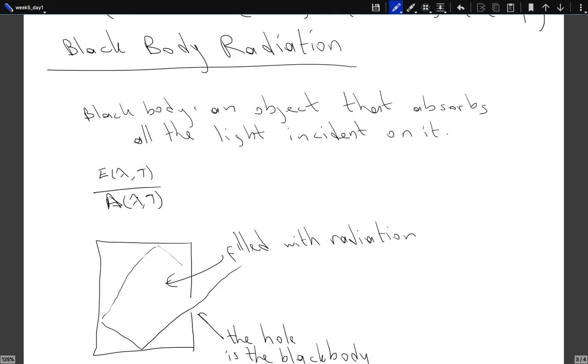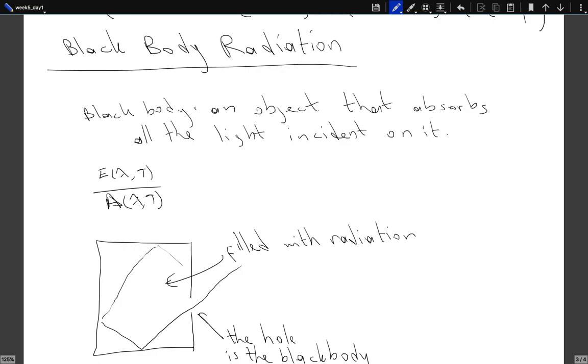You see, here we have one way of creating a black body. The black body is not the cavity. The black body is the hole over here. And when you calculate the emissivity of this hole, what you obtain will be the emissivity of every black body, independent of how you create it.